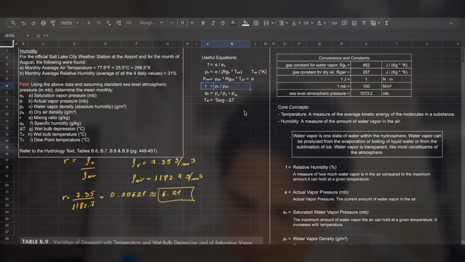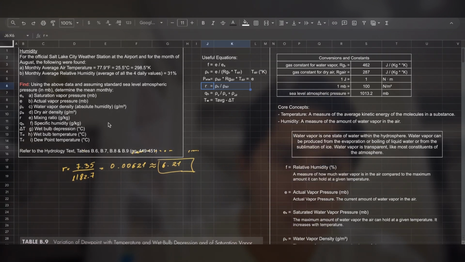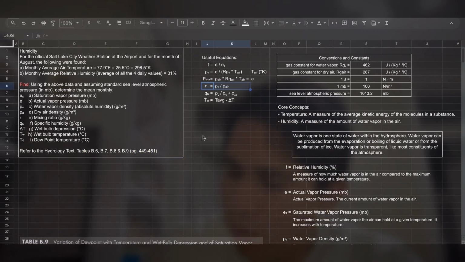And then for the next part, we need to solve for the specific humidity. And the equation for that is the next one here. And that will be QH equals water vapor density over water vapor density plus the air density. Sorry, this is not pressure, these are densities.